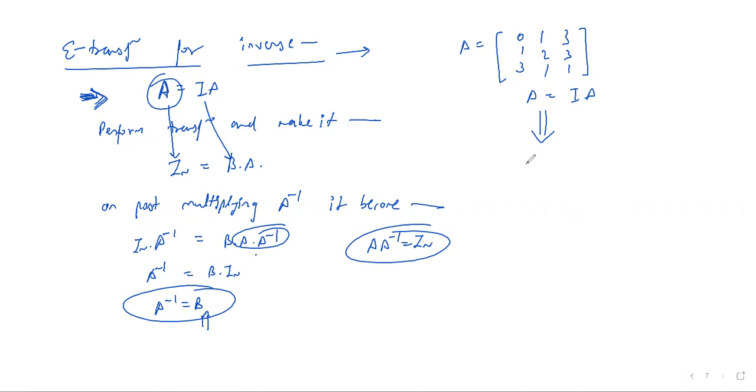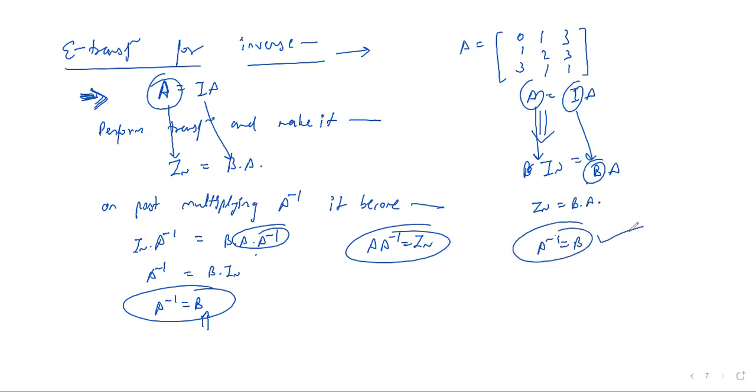By performing the transformations, we will get our inverse B: we have to make A into identity and apply the same transformation on this identity, so identity is equal to B into A, and the corresponding matrix B will be my inverse. A inverse is equal to B. You can do this example by the use of elementary transformation. Just try it out.